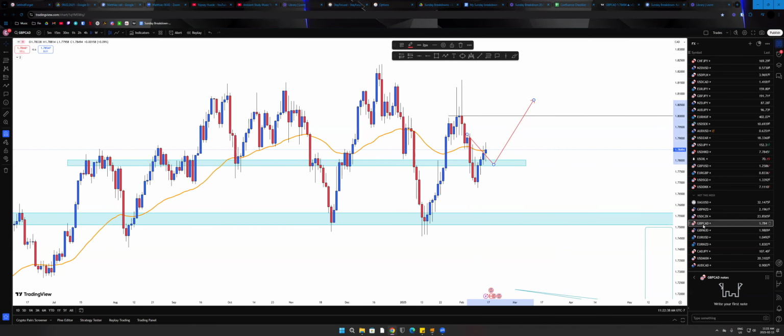I guess for this one we can put it here because it has the daily in trend and broke structure right here.